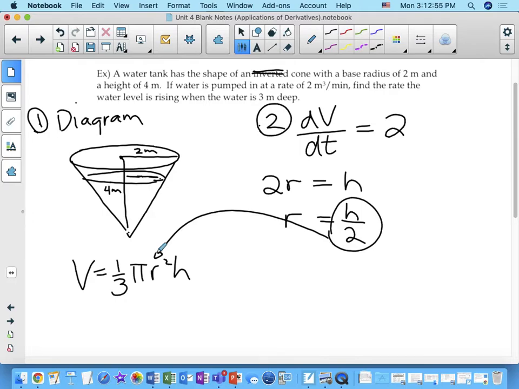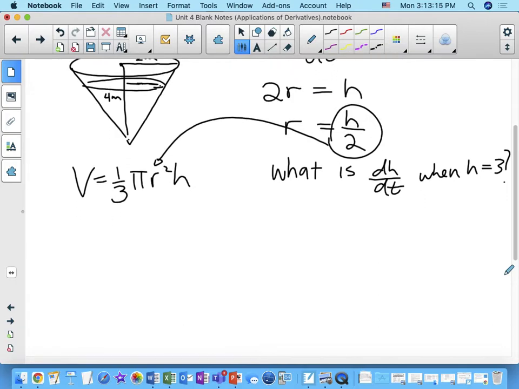Okay, but what we want to know is what is dH by dt when h is 3? That's what we're looking for. Okay, so let's do this substitution first, and then we can go and differentiate both sides with respect to t.